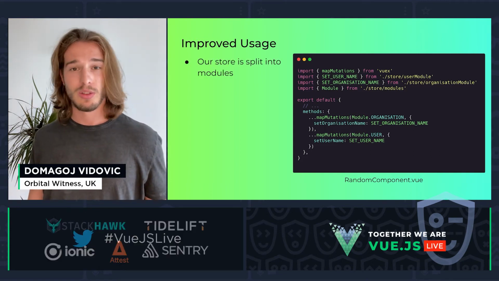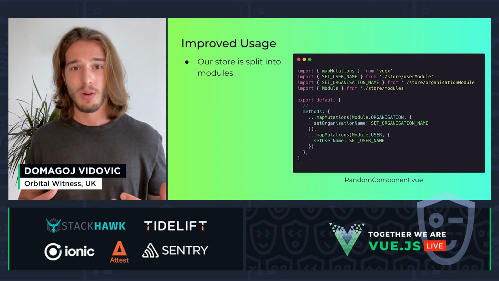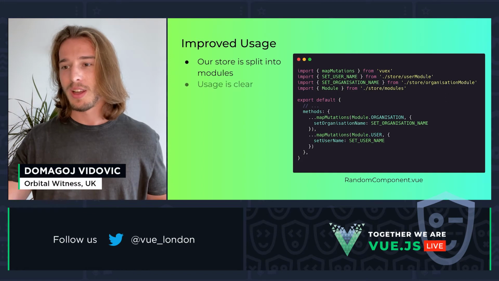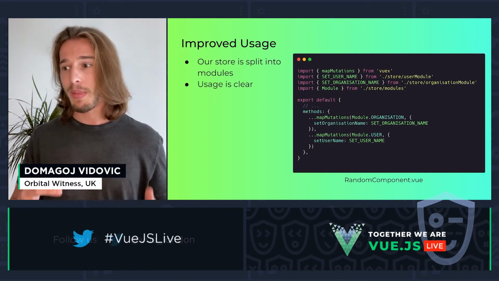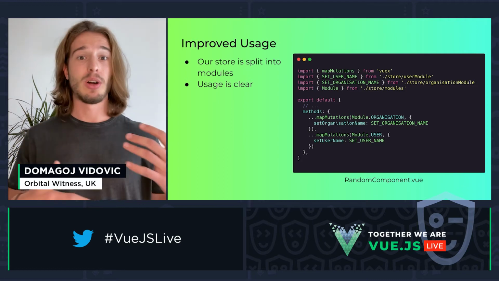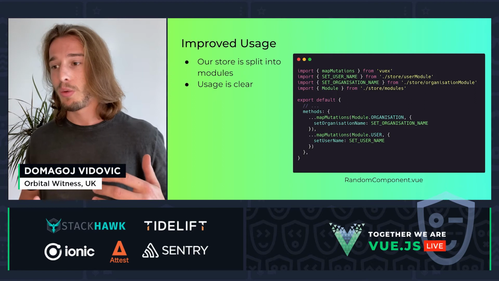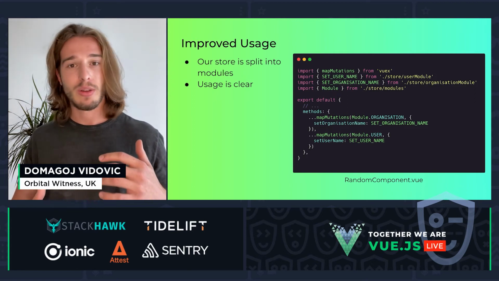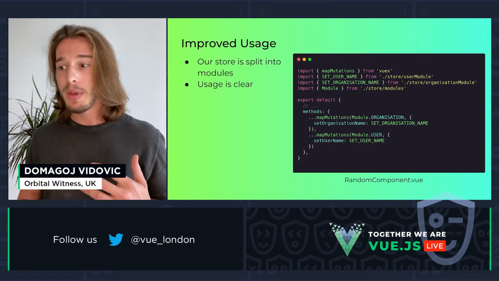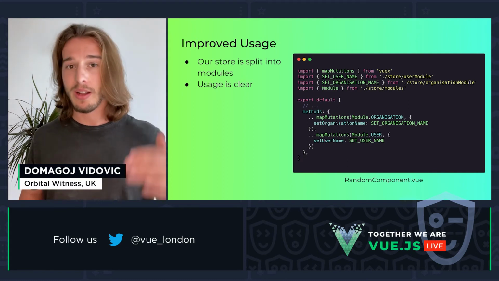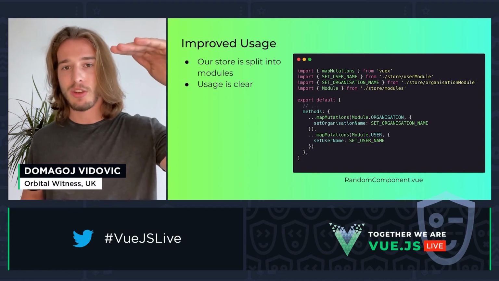Good. So our store is split into modules right now. We have those mini stores. Their usage is so clear. Not only do we have mapMutations and possibly all the other helpers like mapGetters, mapActions, we also need to import those methods to use them. So immediately when you open your component, at the top of the file you will see, okay, I use setUsername here and setOrganizationName here.